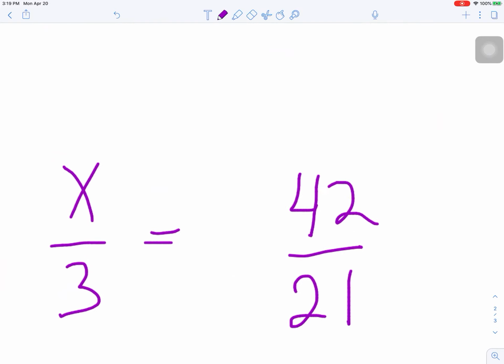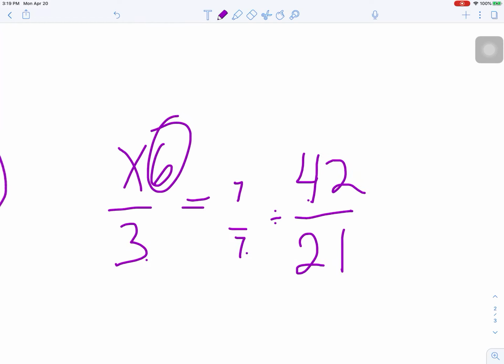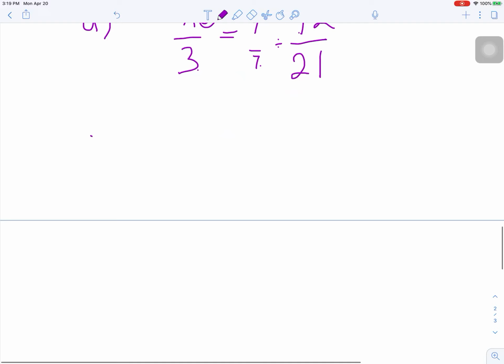We can actually flip this one around, or we can just work at what equivalent fraction can we divide it by. So if I look at here, we can go divided by 7. 21 divided by 7 equals 3. So 42 divided by 7 equals 6. And there's your answer. All right, let's move on to the next one, E.